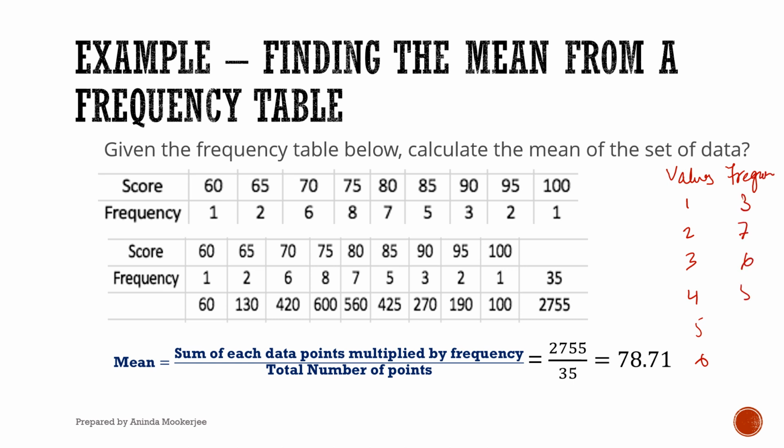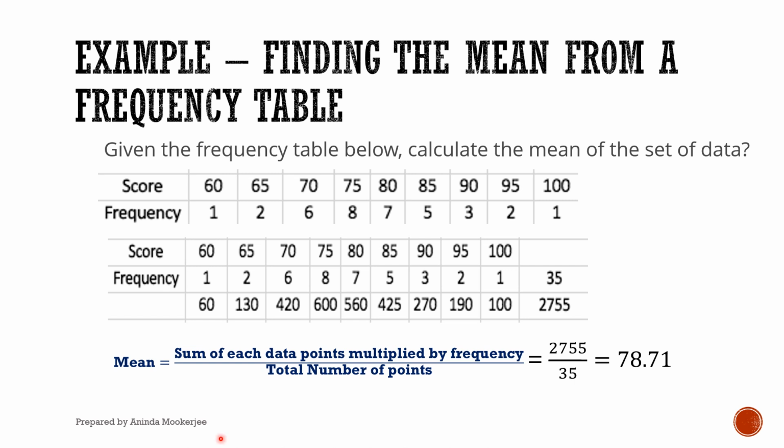I'm just making up these numbers here, right? How many times each value occurs. This is the same thing except that it's set up horizontally instead of vertically.